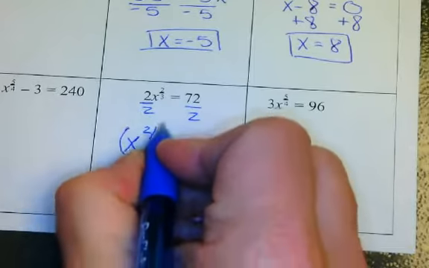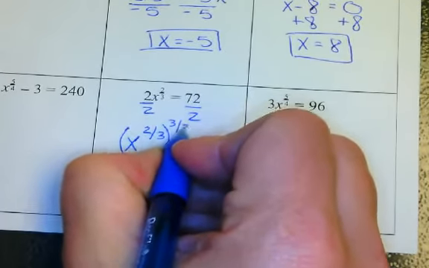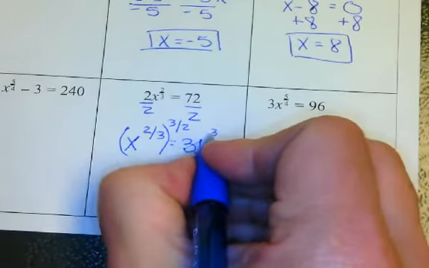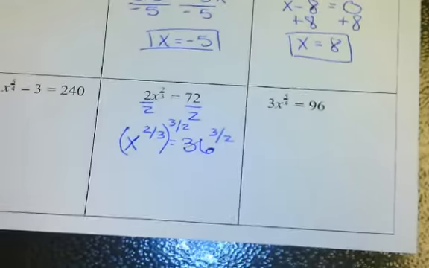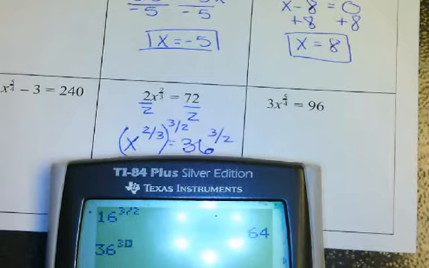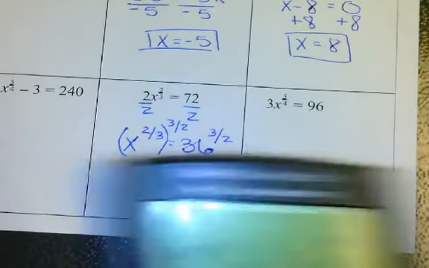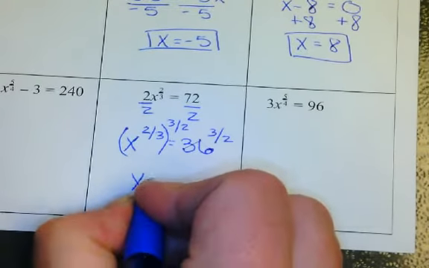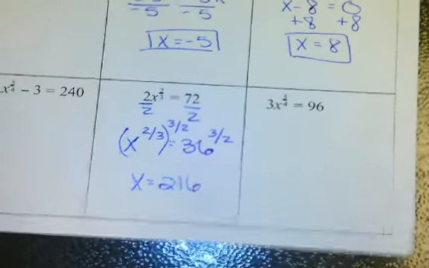Alright, and again, that's 2/3, so I'm going to raise it to the power of 3/2, and whatever I do on one side, I'm going to do to the other side. Okay, so now I'm going to type in 36 to the power of 3 divided by 2, and that's going to give me 216. So x equals 216.